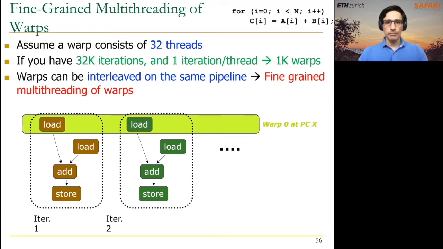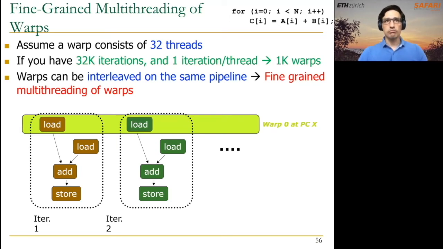So the way that we launch the instructions for these warps is in an interleaved manner, as I said before. We can interleave the execution of instructions coming from different warps. And here you have an example.